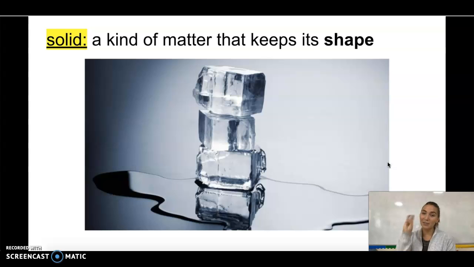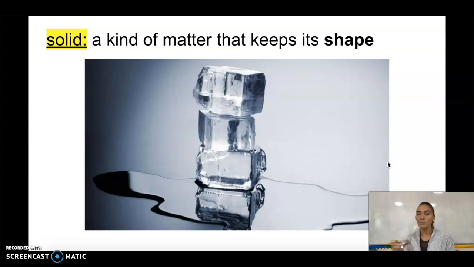Today we're going to look at 3 different types of matter. The first is a solid. You say it, solid. A solid is a type of matter that has its own size and its own shape.